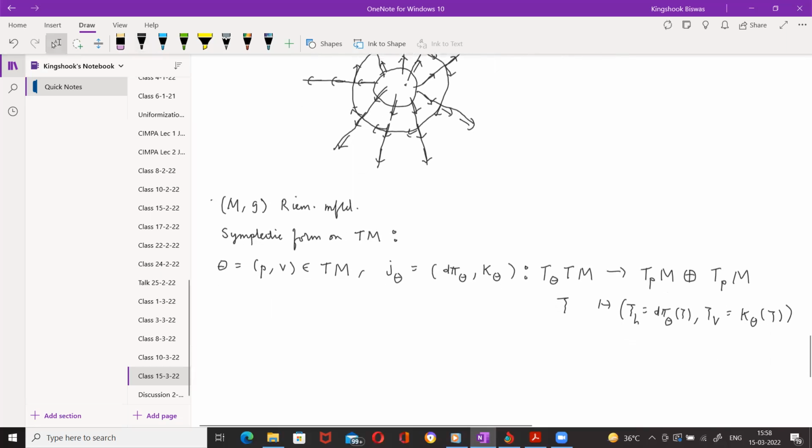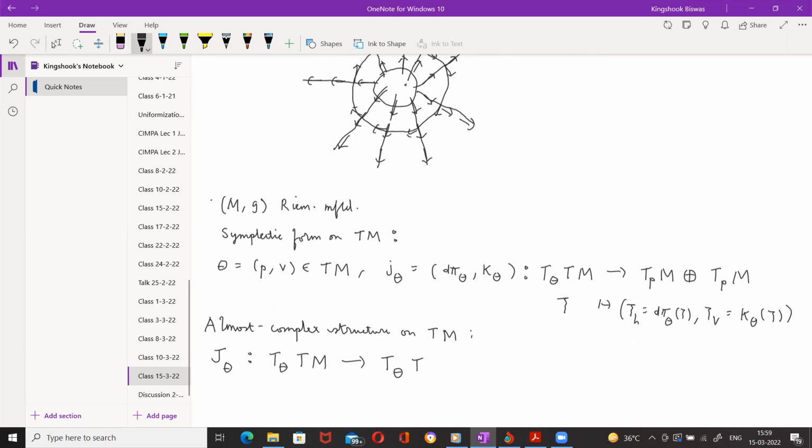And using these horizontal and vertical components, we define what's called the almost complex structure on TM. That is this linear map J theta from T theta TM to T theta TM.